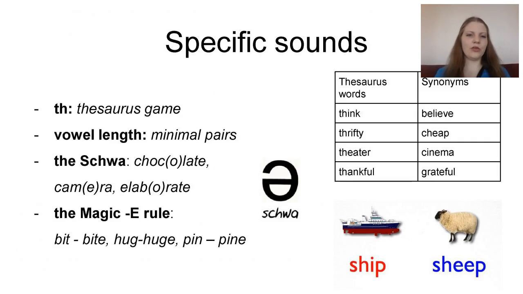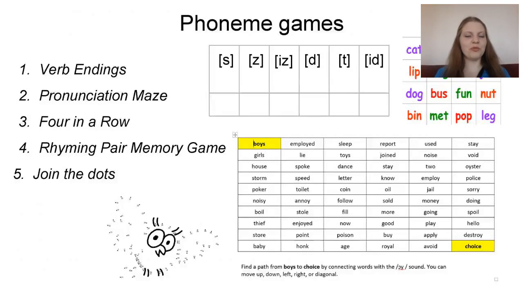Okay, so these are things that you can use for teaching specific sounds. And again, pronunciation does not have to be boring, and you can use plenty of games to teach it. I've tried to group these games into different categories, and the first game is called verb endings.